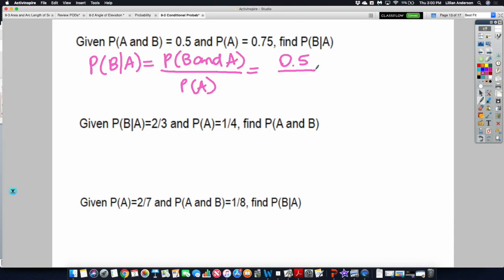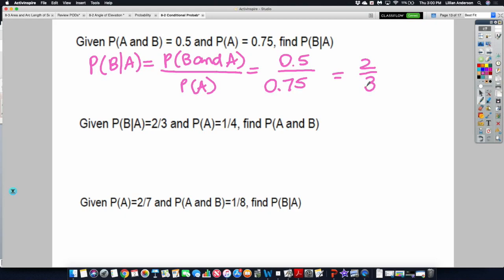What's the probability of A? So all you have to do here is divide. What is 1/2 divided by 3/4? It is 2/3. So it's 0.66666 repeating. That does convert to 2/3 if you choose to use the decimal. Three significant figures.